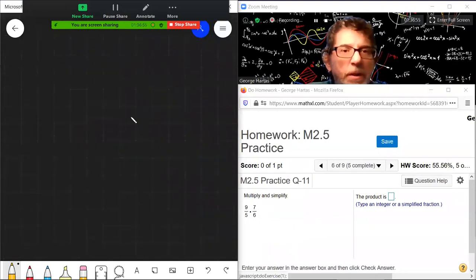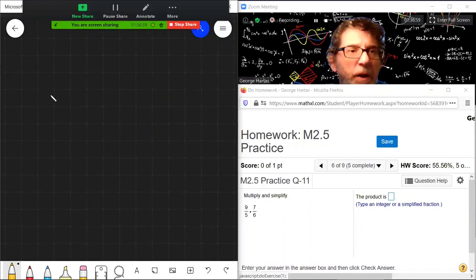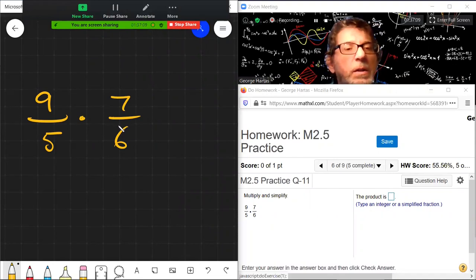All right. And here we have more multiplication fun. 9/5 times 7/6. So, can this reduce? No. Cannot reduce? No. Cannot reduce? No. Cannot reduce? Yes.